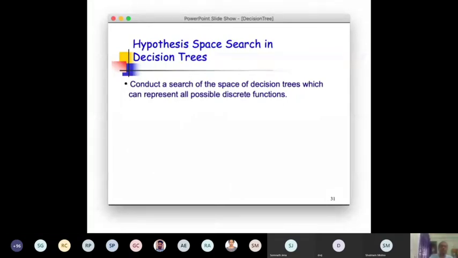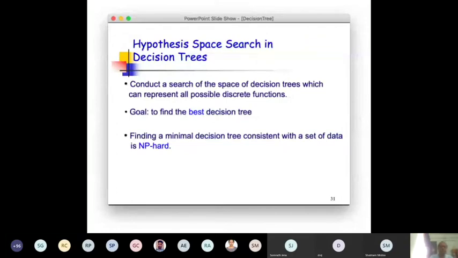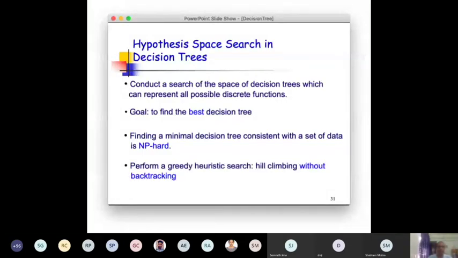It conducts a search of the space of decision trees, and the goal is, of course, to find the best decision tree. But as I mentioned, finding a minimal decision tree consistent with a set of data is NP-hard. So there you perform a greedy heuristic search, and it is hill climbing without backtracking, which means that it is just going in one direction only. And once you get the answer, that is a kind of local optimum in that particular direction.